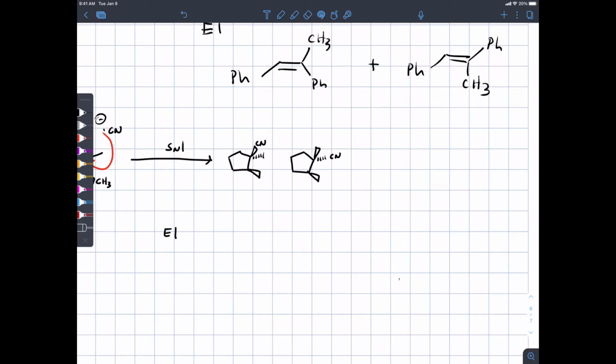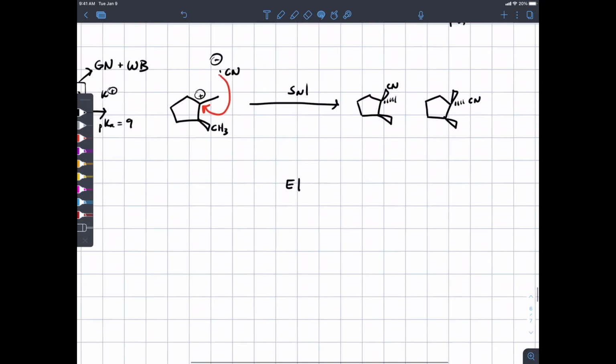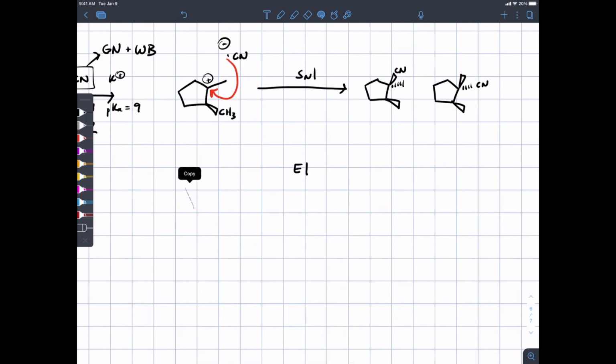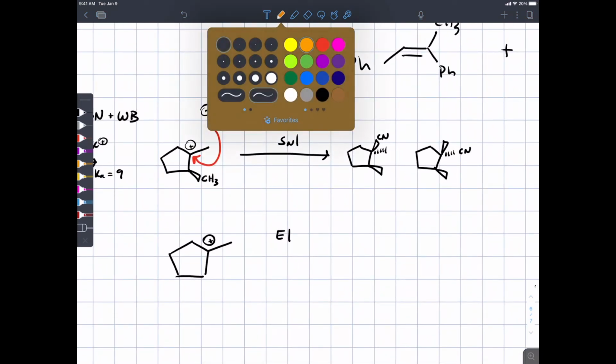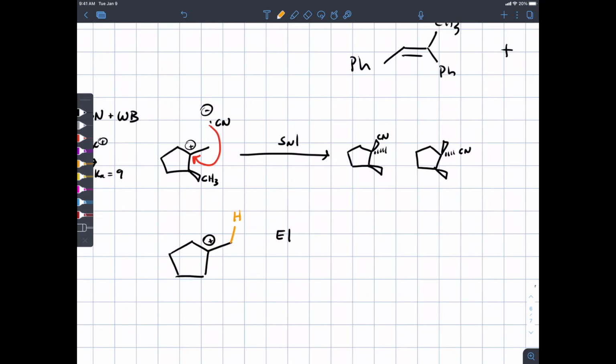Now, how about the E1 products? For this, we need to go in and identify the beta protons, protons that are beta to now the positive charge. So I've got one here.